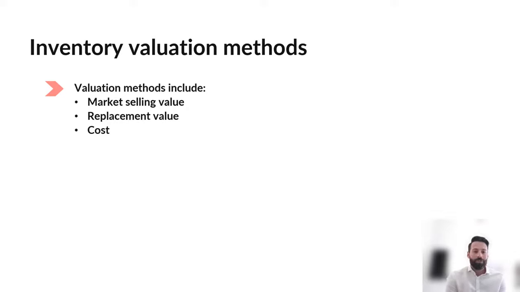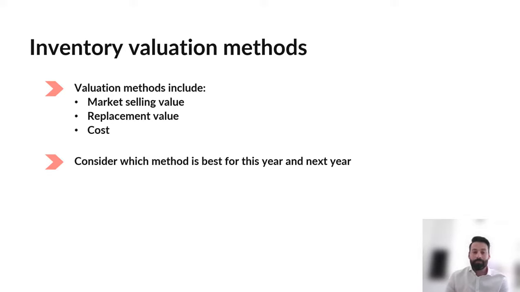That's pretty complicated, and I don't necessarily expect everyone to understand that straight away. But if you hold stock, the overarching comment is to have a think about what valuation method you should use. Most of the time it's going to be cost, but there are situations where the other methods can apply and get you a better outcome, not maybe in the current year, but over the next couple of years.